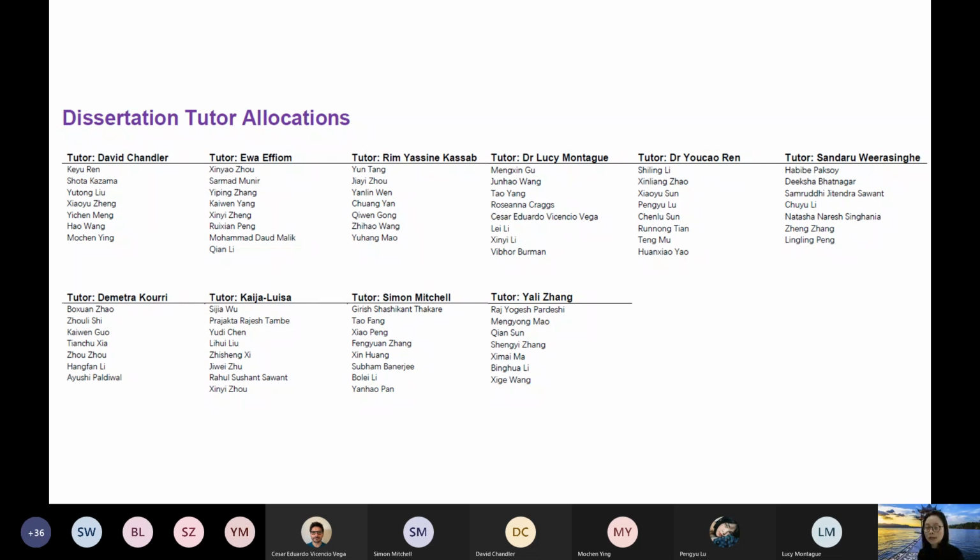The role of your tutor is to guide and discuss almost all aspects of your work, including the content, the methodology, the overall structure, style, and final presentation. They will also be able to give you written feedback on your draft submission by the end of this term. However, please bear in mind that it is not the role of your tutor to proofread and correct spelling or grammatical errors.